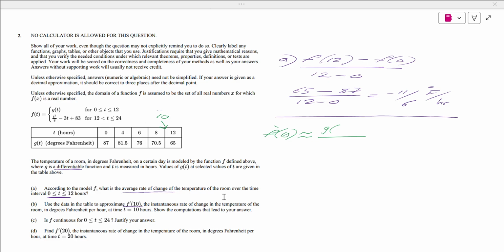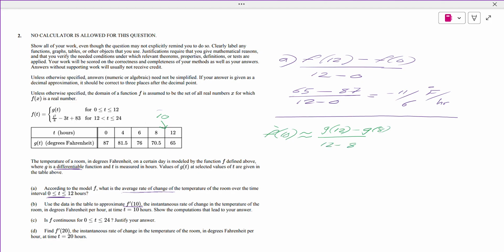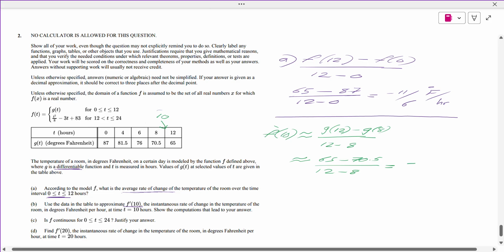Well, f and g are the same, but if you are using the table, keep it g of 12 minus g of 8 over 12 minus 8, and that is 65 minus 70.5 all over 12 minus 8, which is equal to negative 5.5 over 4.